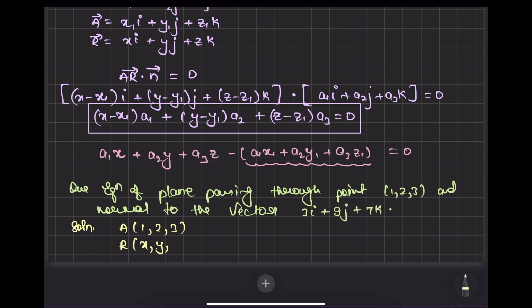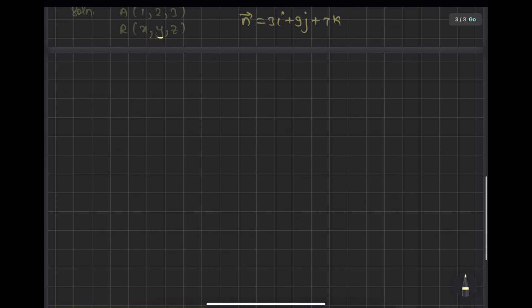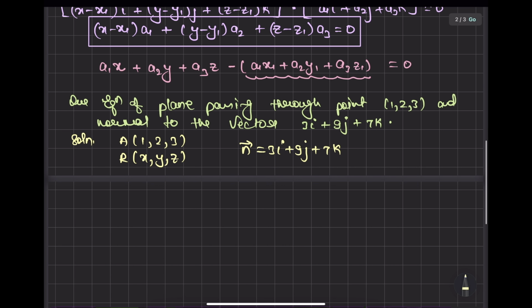X, Y, and Z. And you have your normal vector as 3i plus 9j plus 7k. Be very careful about this question. This question will teach you so many things. Can I go with the AR vector? So AR dot n vector will be 0.